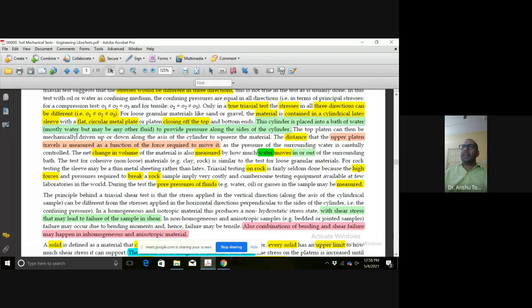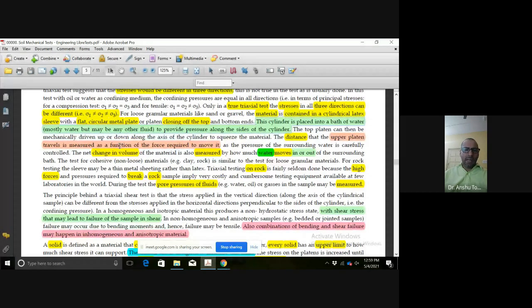The top platen can then be mechanically driven up or down along the axis. So we start pressing the metal plate from the top. The distance the upper platen travels is measured.